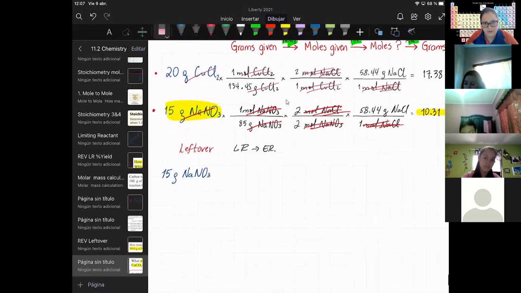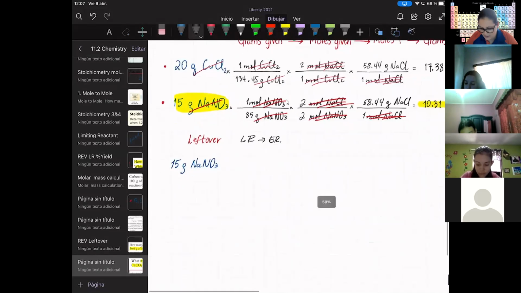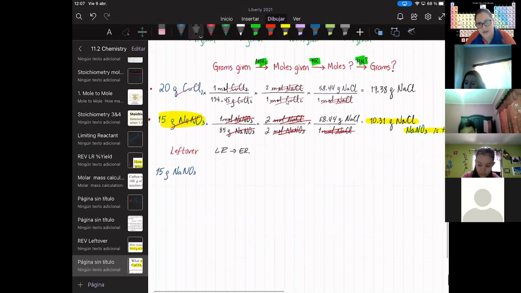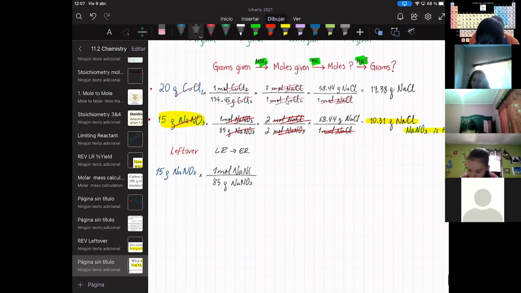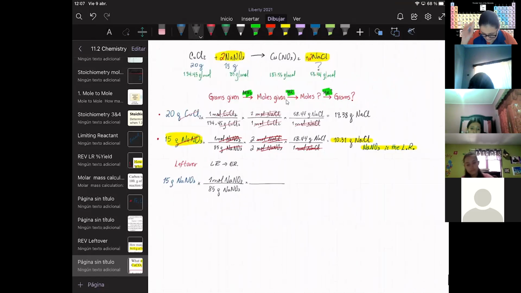Okay, so I have the 15 grams of NaNO3 and I'm going to do the same procedure, okay? Molar mass of the given, molar ratio, molar mass of the unknown. So molar mass of the given, you already know, 85 grams NaNO3. Now comes the molar ratio between the limiting reactant and the excess reactant.